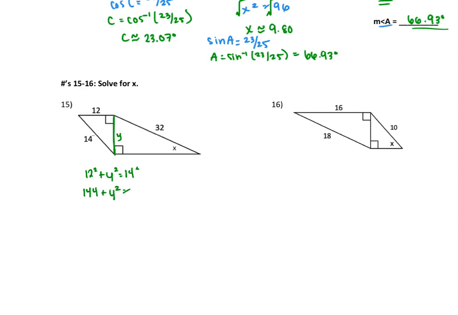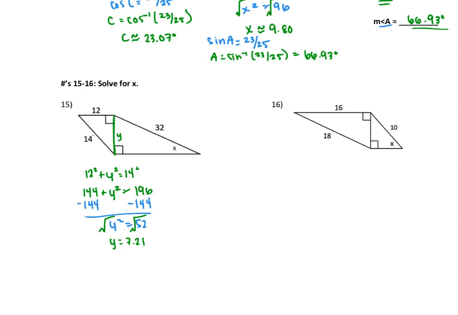So 144 plus y squared equals 196, and then subtract 144. 196 minus 144 is 52. And then square root both sides. So square root of 52, you get 7.21.